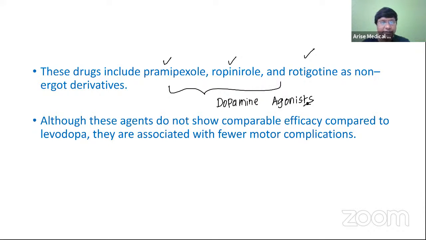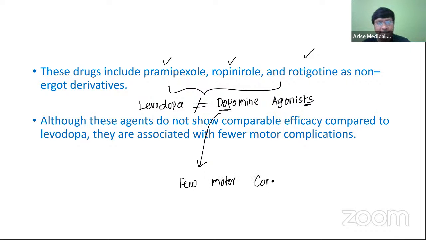Even though the efficacy of these dopamine agonists is not equivalent to levodopa, the advantage of these dopamine agonists is they have very few motor complications.